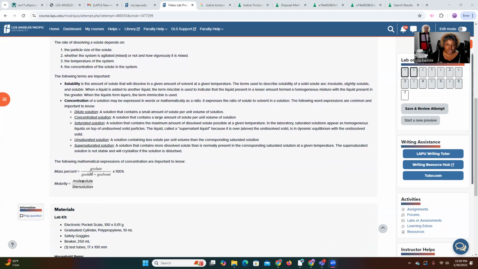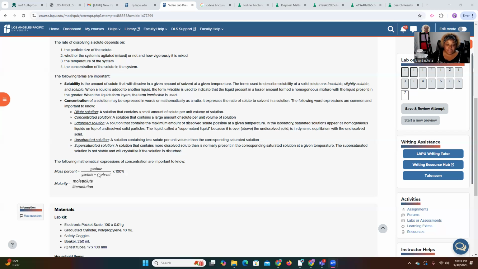The g represents grams, and it talks about solute and solvent. Solute is the substance that's in the smaller amount, mass wise, and solvent is the substance that's in the larger amount. Or you can think of it this way: the solute is the solid that's being dissolved in the solvent, which is usually a liquid.